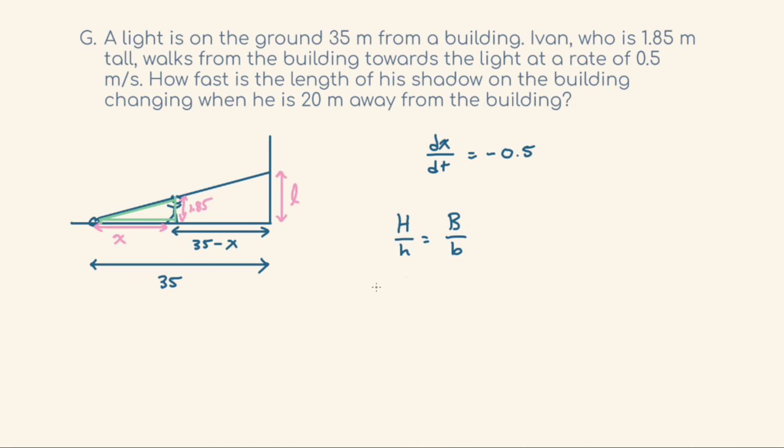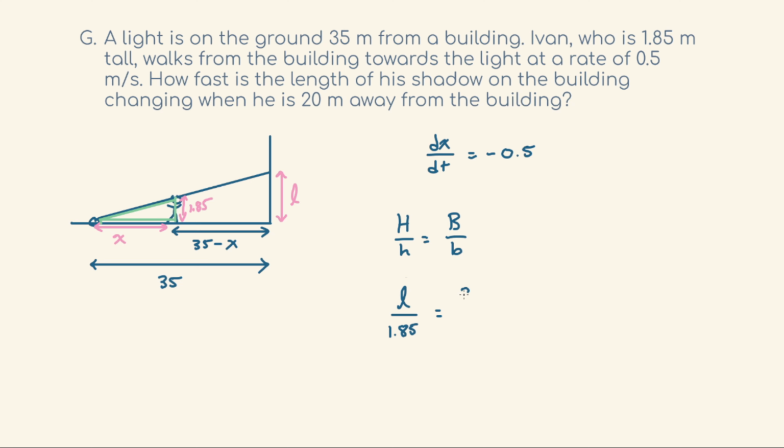Okay, so the height of my big triangle is just going to be L, and the height of my small triangle, because it is constant, it's fixed, I can write a number here. It's 1.85, okay? I don't need to use another variable. Now, the base of my big triangle is just going to be 35, right? The distance between the light and the building is constant.